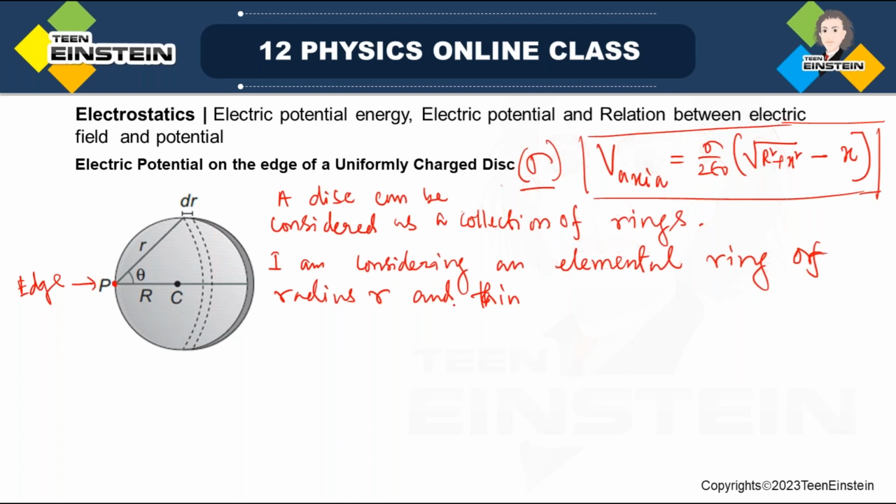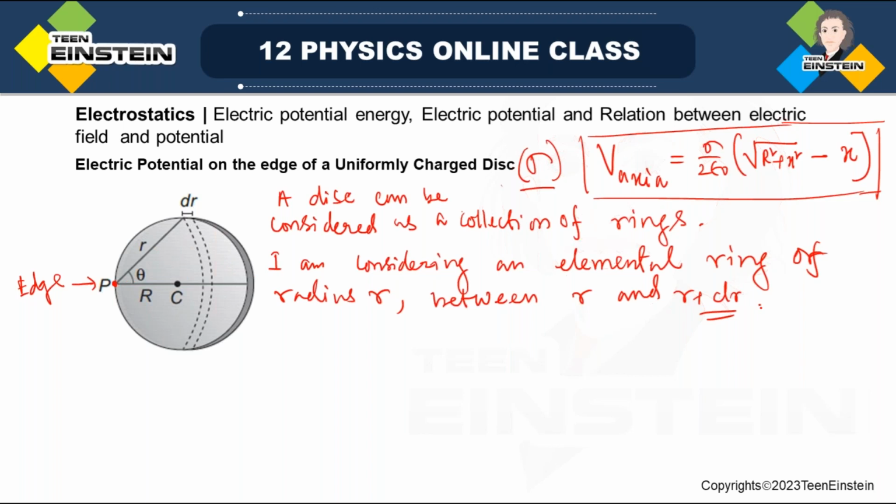Or I can say I just consider an elemental ring of radius between r and r plus dr. Okay, between r and r plus dr, you look at this.